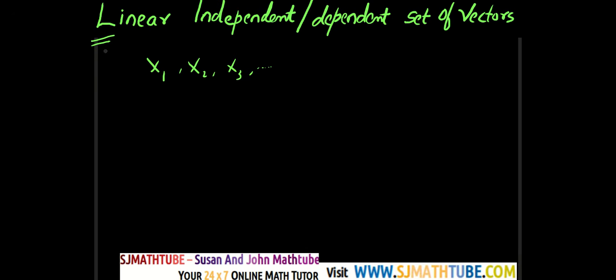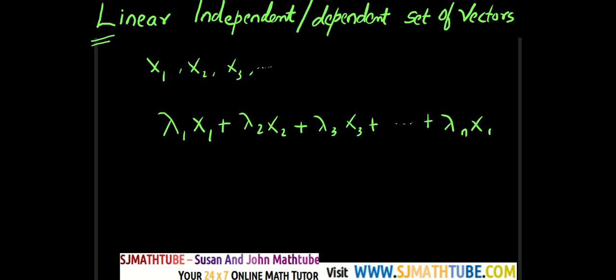And the best method to determine this is, we assume there is a connection in the form lambda 1 x1 plus lambda 2 x2 plus lambda 3 x3 plus dot dot dot plus lambda n xn equal to 0.